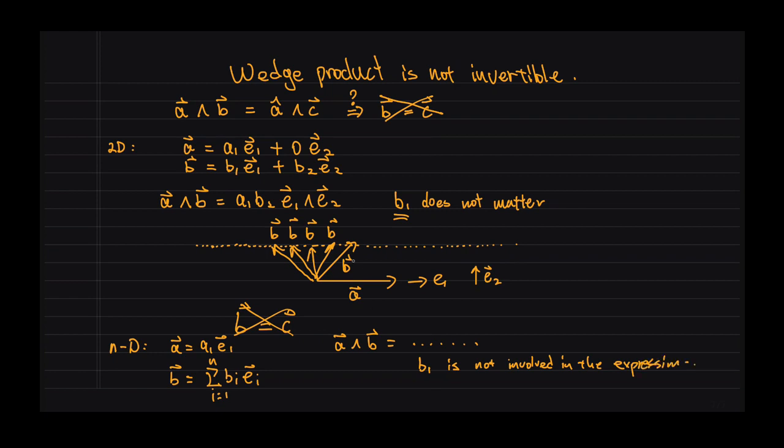Which is basically the same interpretation that B1 can change over the parallel line with respect to A and still give you the same wedge product.